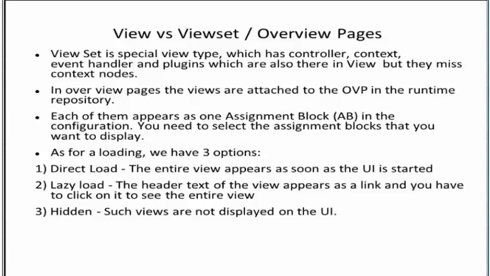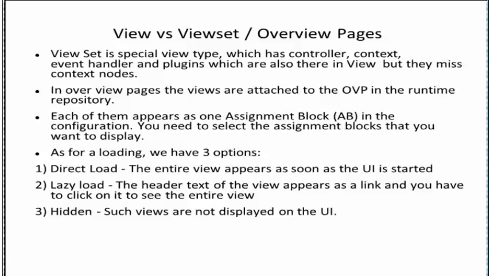It's a small triangular arrow in the closed format. You need to open it up so that the complete view will come up. And hidden will remove it from the views which are visible to the end user. In case the user feels that he needs it, he can go to personalize and activate it. So those are the three types of loading options.